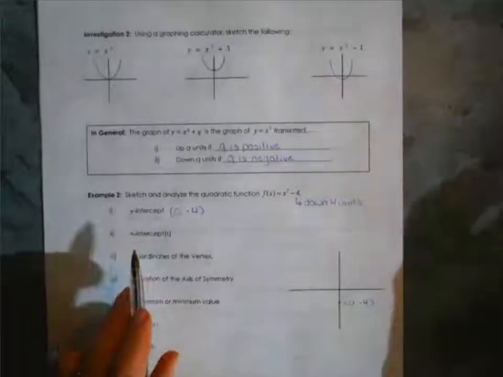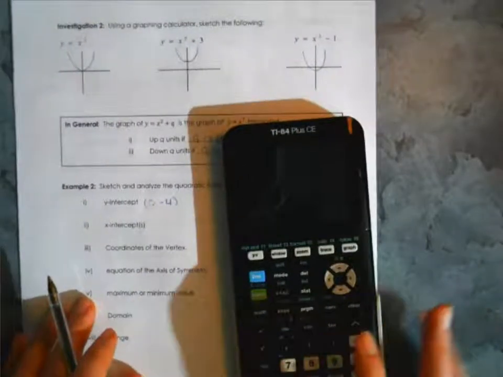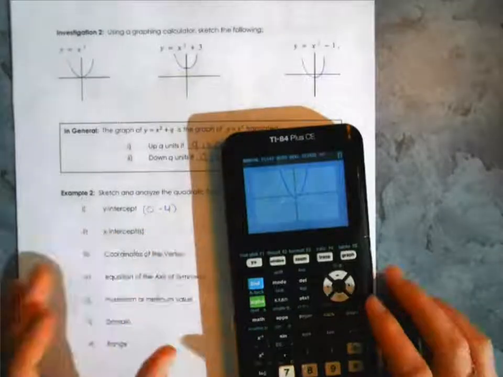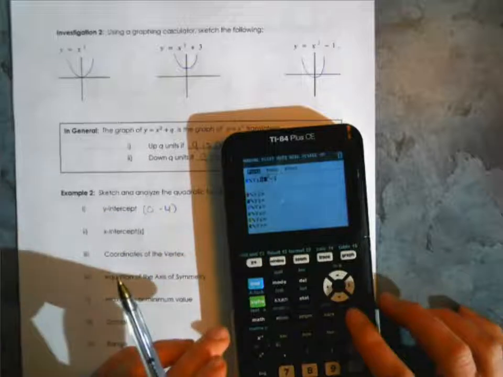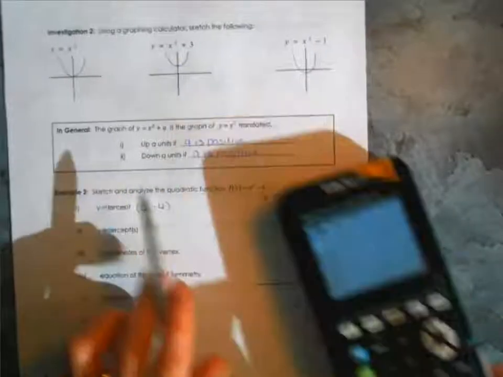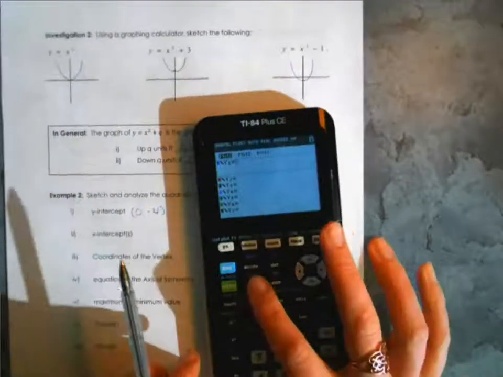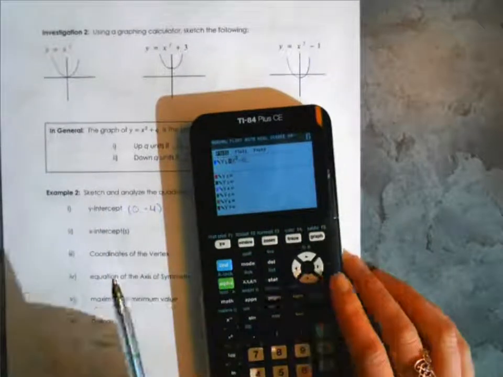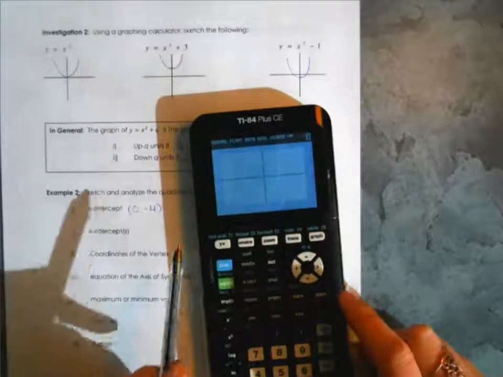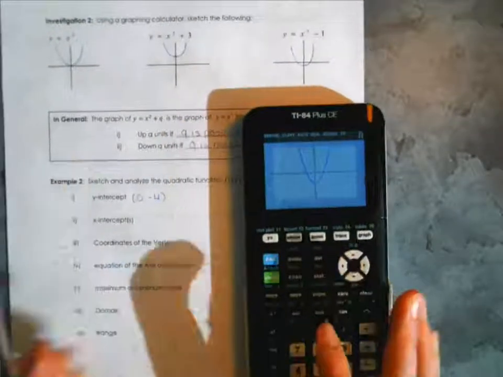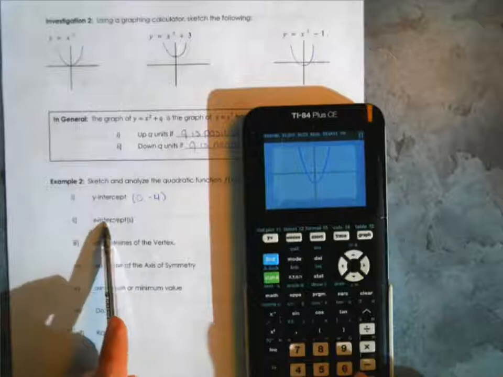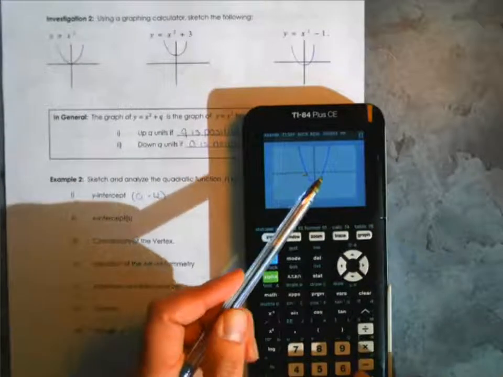For these ones, I'll show you how to do this manually a little bit later on, but if we wanted to go into our graphing calculator, we can fill in our function, x squared minus 4. Go to our graph. If we want to figure out the x-intercepts, it's where it's crossing.